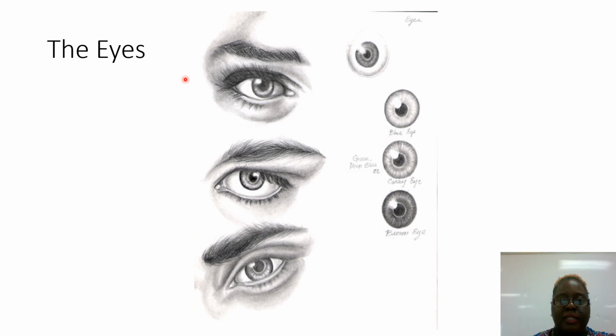Okay, so students, in this diagram, you can actually see the light, medium, and dark values along with the blending technique. And you can also see where the iris is defined and also the highlights as well.